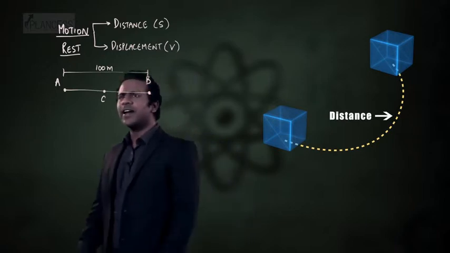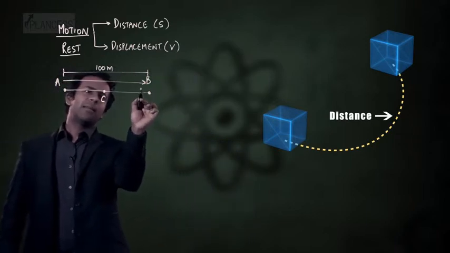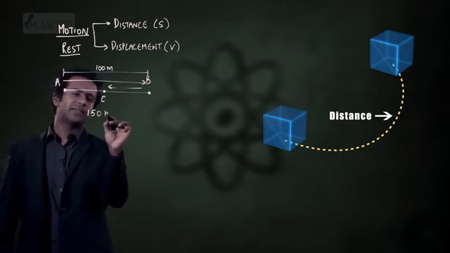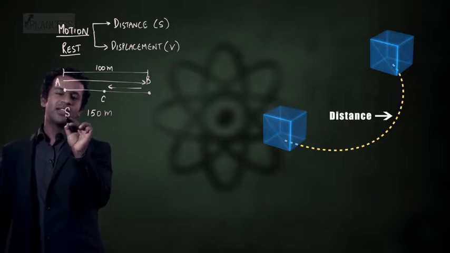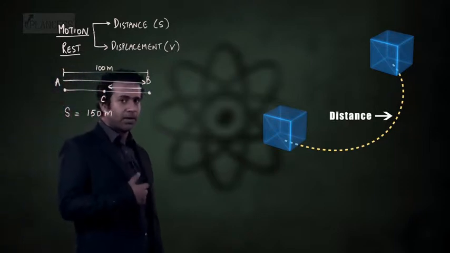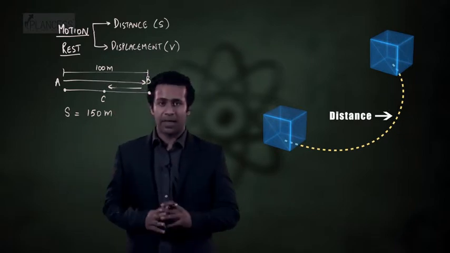I'm sure you figured it, that it has moved through 100 meters plus 50 meters, which is 150 meters. So this is the distance covered by this particle. Right. So distance is nothing but the length of path taken by the particle.